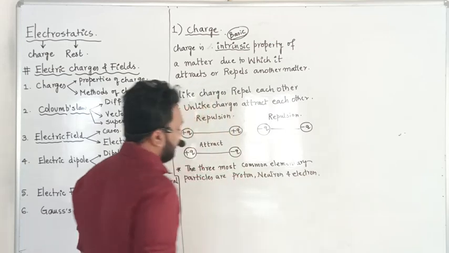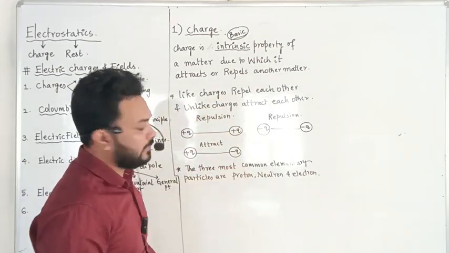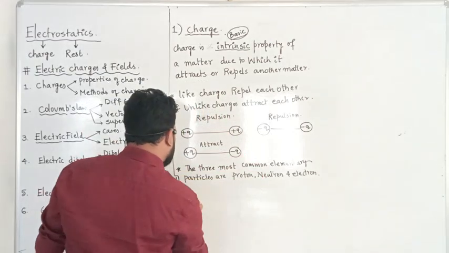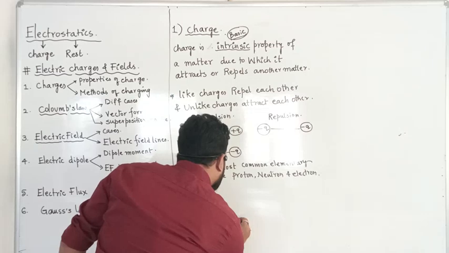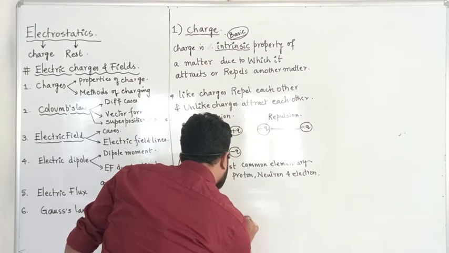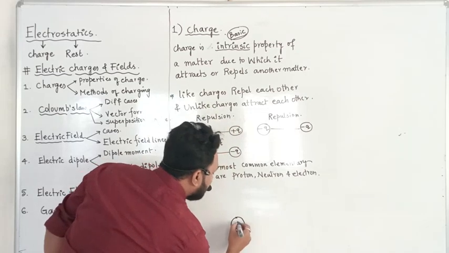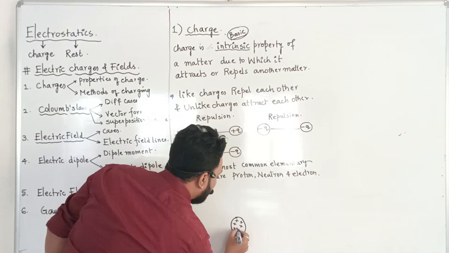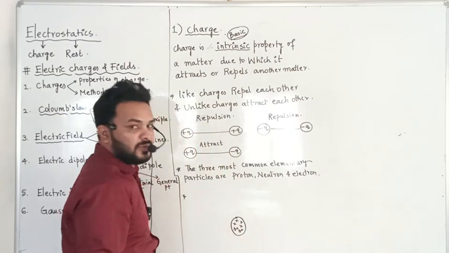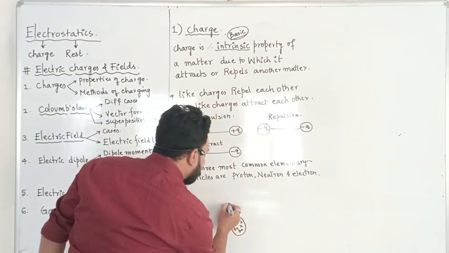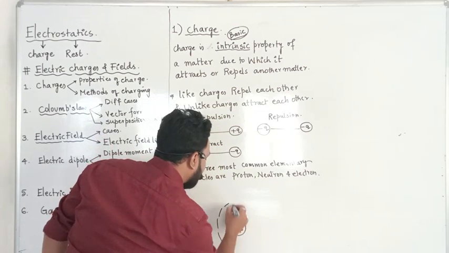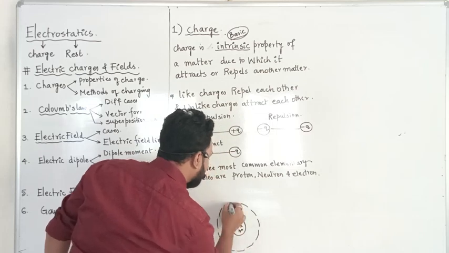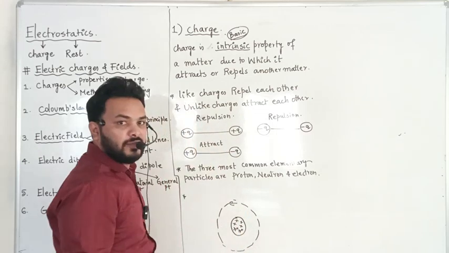Suppose this is a nucleus. In the nucleus, we already know that a number of protons and neutrons are present, where the electron is revolving around the nucleus.